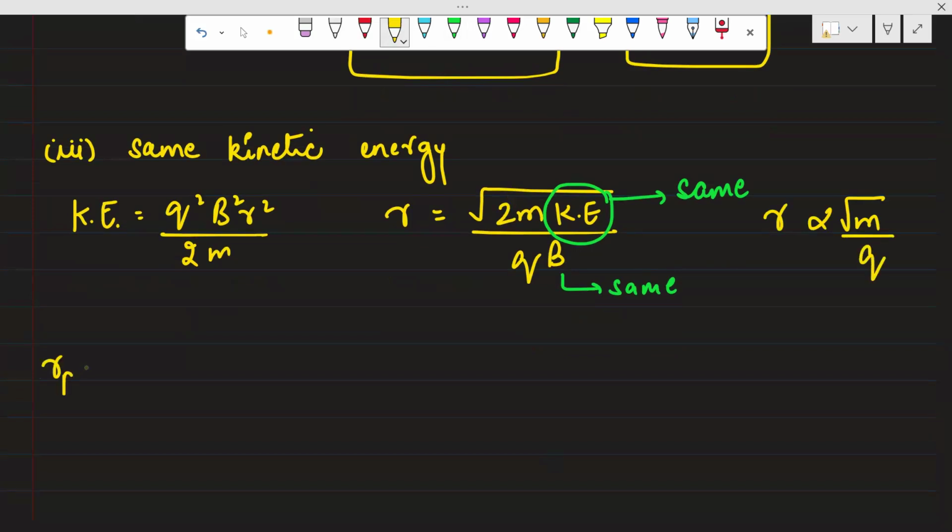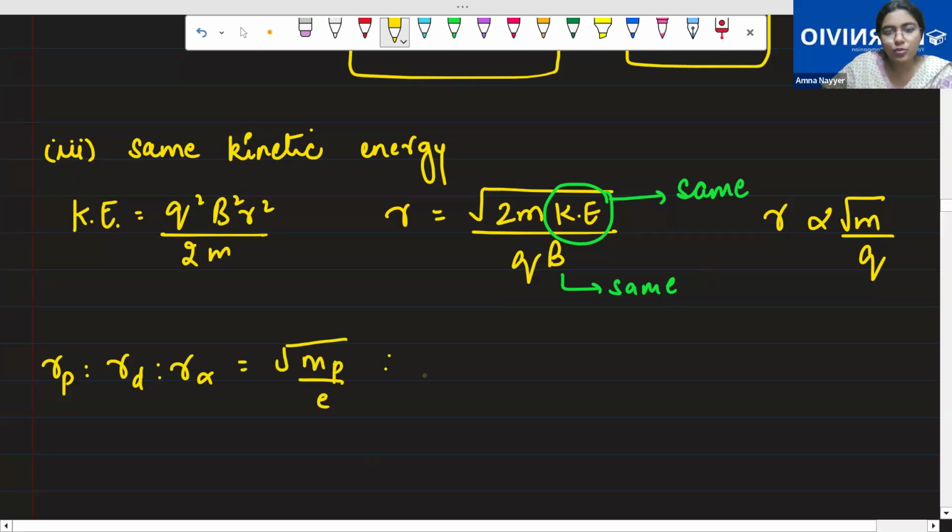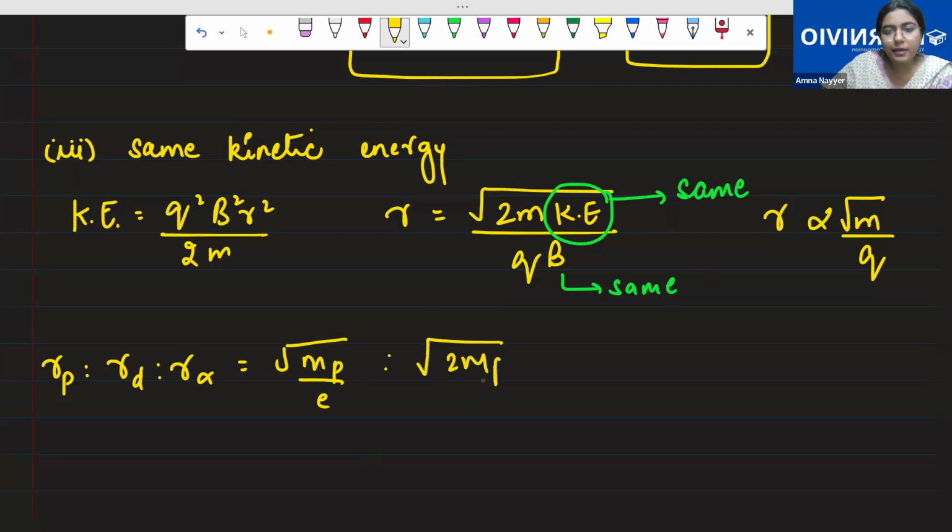So R of proton to deuteron to alpha particle will be root mp by e to root 2mp by e to root 4mp by 2e, using the values we have taken.